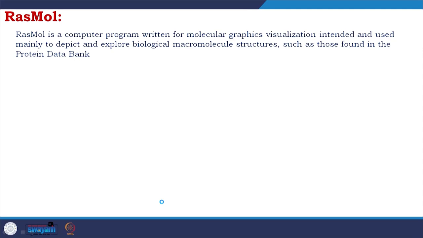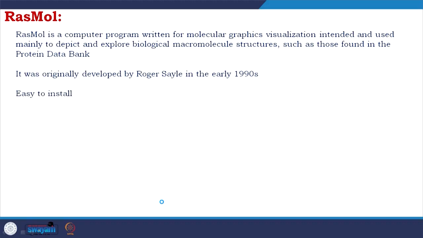So, RasMol is a computer program written for molecular graphics visualization, intended and used mainly to depict and explore biological macromolecular structures such as those found in the Protein Data Bank, PDB. It was originally developed by Roger Sayle in the early 1990s.